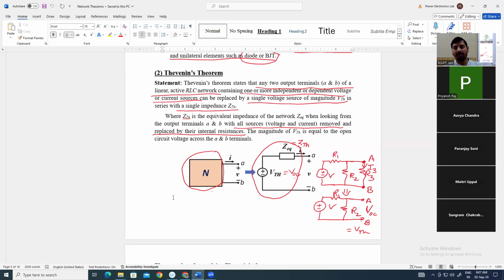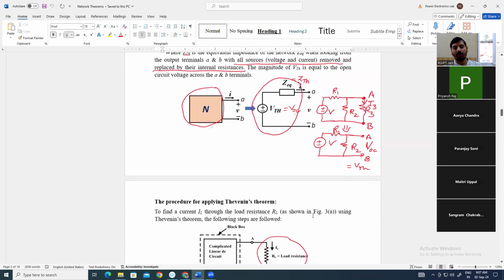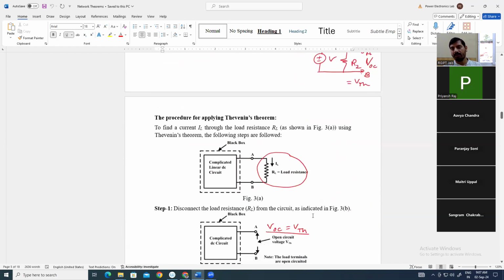For a current source internal resistance is infinite. So voltage source will be short circuited as resistance is 0. Resistance 0 means voltage is equal to 0, so it will be short circuited. Resistance infinite means current 0, so it will be open circuited. So current source will be open circuited, voltage source will be short circuited.